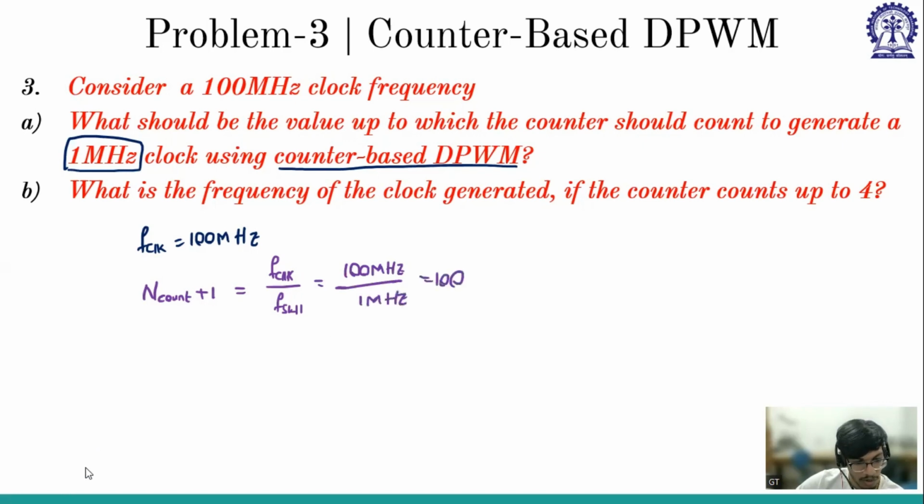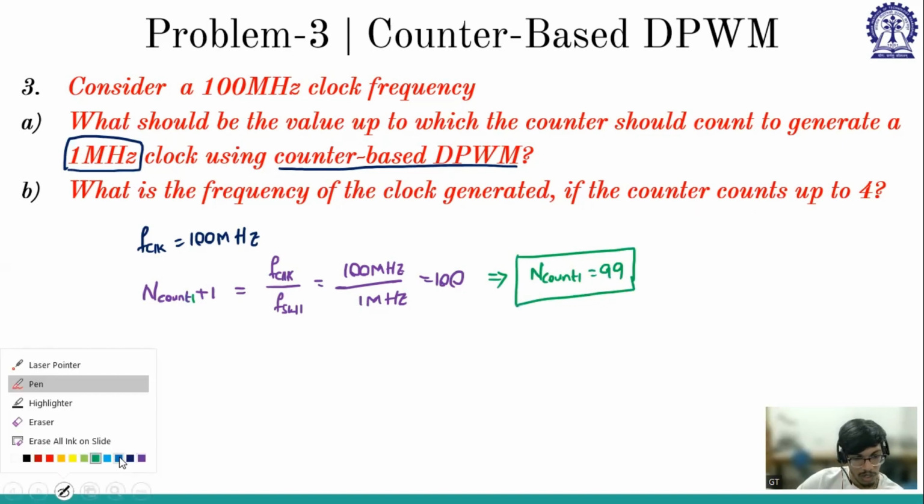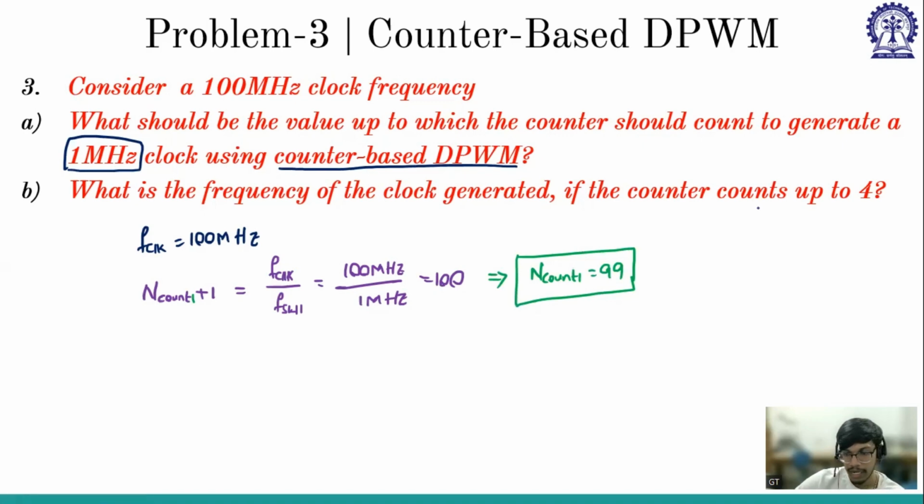So what is my n count value? Say n count 1, as there are two parts. So n count 1 is equal to 99. So it will count from 0 to 99. In the second part, it is the other way around. I have given you the n count here, and I'm asking you what is the frequency.